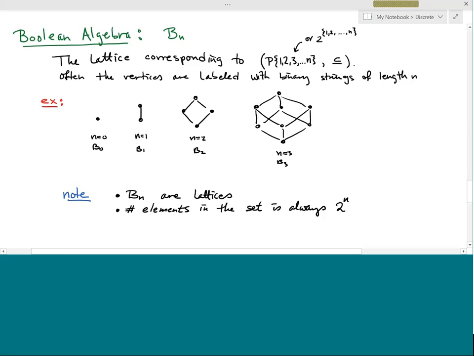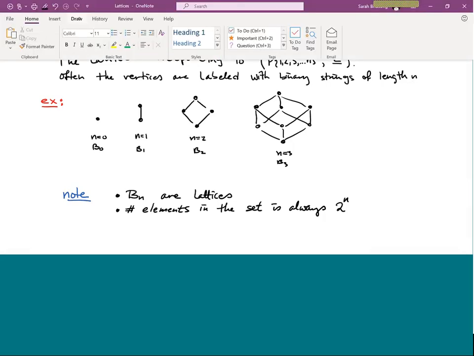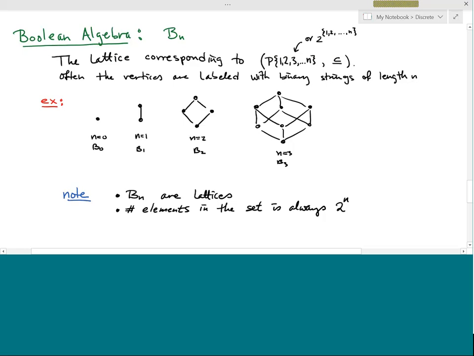So for example, and I'm going to be lazy over here, if we focus in on B2, and let me put the labels in red here so it's easy to see, we're looking at our building set A would be just the numbers 1, 2. On the bottom here, you would have the empty set. Well, the empty set means you use none of those 2 elements, so this would be the binary string 0, 0. Now, go 1 up. What happens at this next level, this is the individual set that's just the 1-element set 1 or the 1-element set 2.